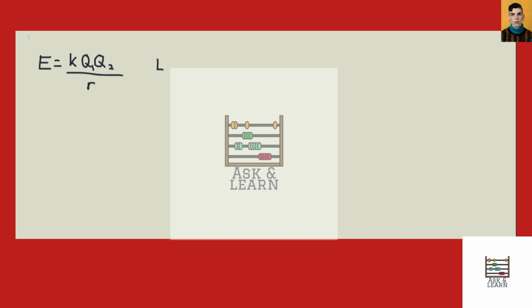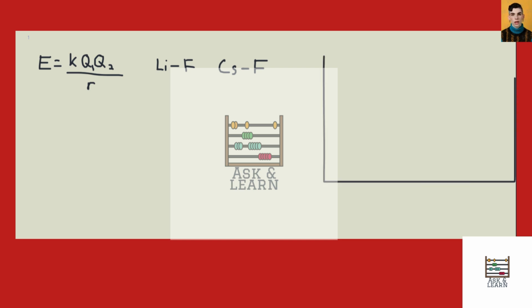So we have LiF and CsF. Cesium and lithium both have a +1 charge, and both the fluorines obviously have the same -1 charge. So Q1 and Q2 are going to be the same in both these cases. The main variable is going to be radius.